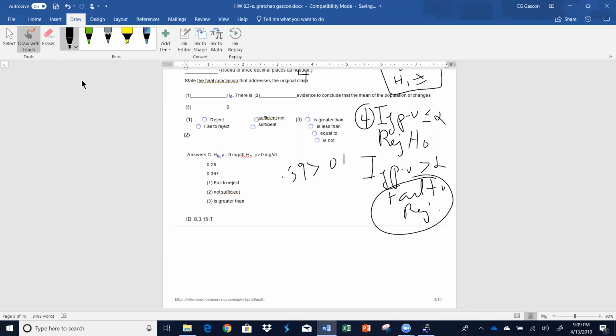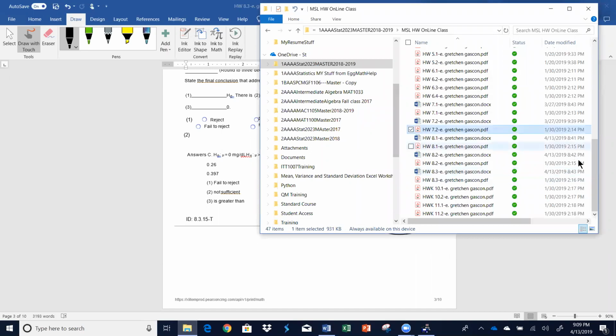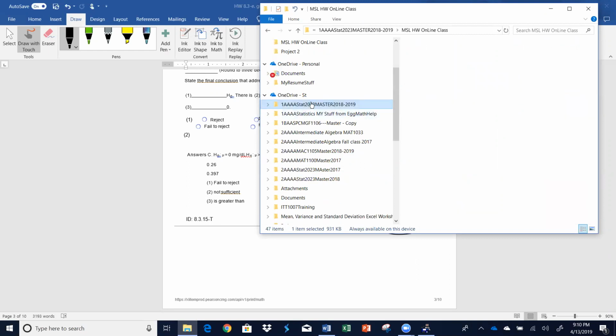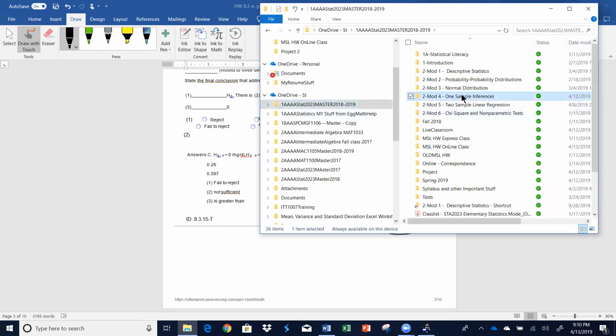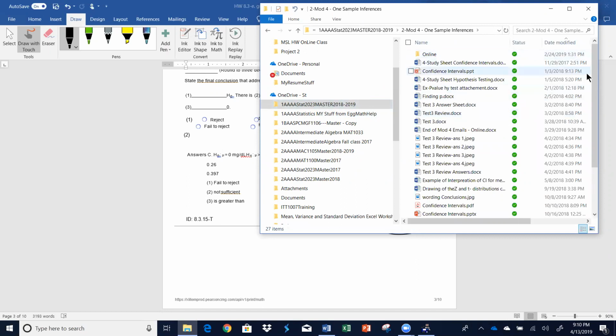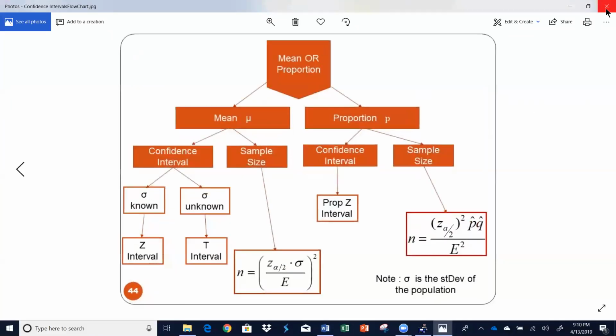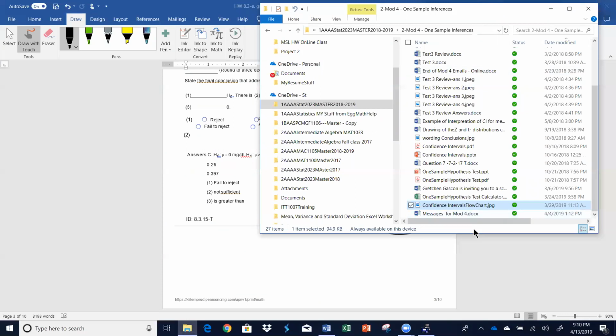Now the piece that everybody has trouble with, and I posted it to the website, let me see if I can pull it up. Where did I put that one sample? There it is. No, that's not what I wanted.